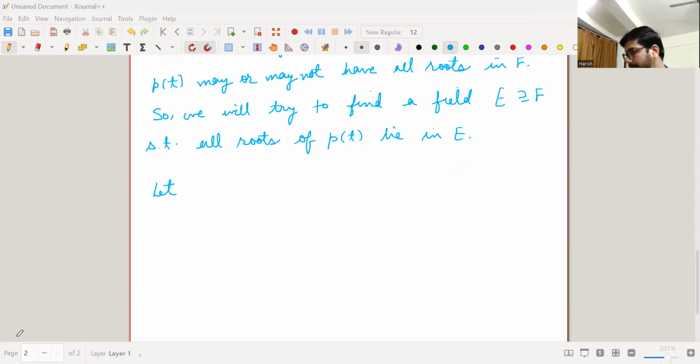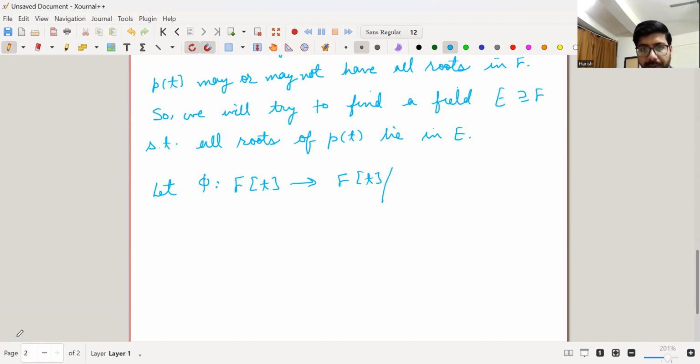Yes. Let phi be the map from F[t] to F[t] modulo p(t). You define this map such that t is mapping to alpha. Then what is p of alpha? Then p of alpha is nothing but the image of p(t), right?